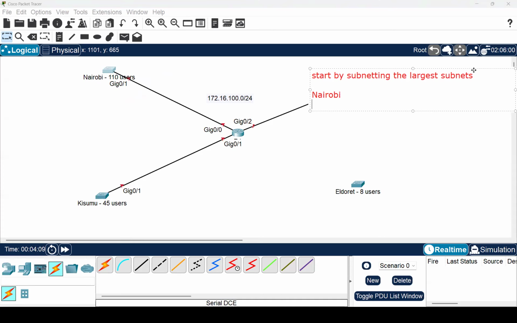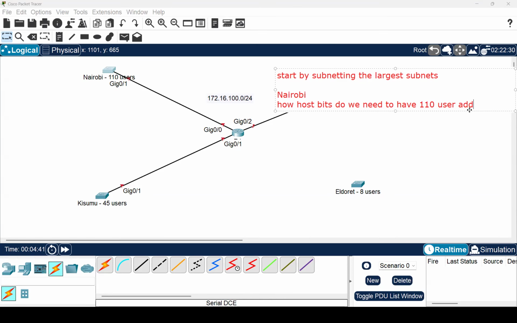So we ask, how many host bits do we need to have for 110 user addresses, host addresses? So that's how we start.